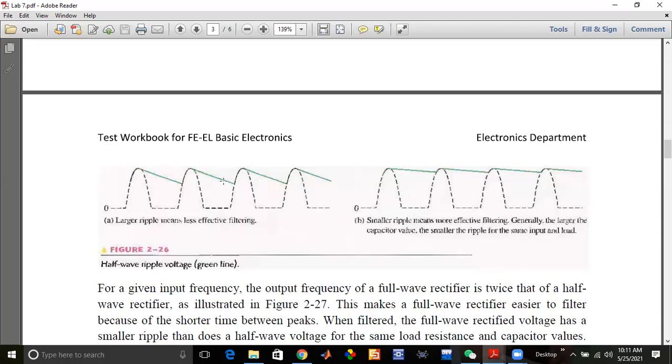This is with a small capacitor. If you use a higher capacitor value, then it becomes like this. Here the filtering operation is best as compared to this, as the variation is small. So smaller ripple means more efficient filtering. Generally, the larger the capacitor value, the smaller the ripple.